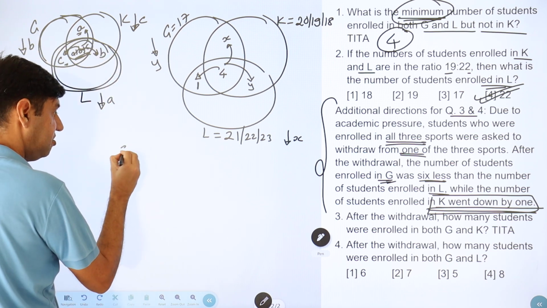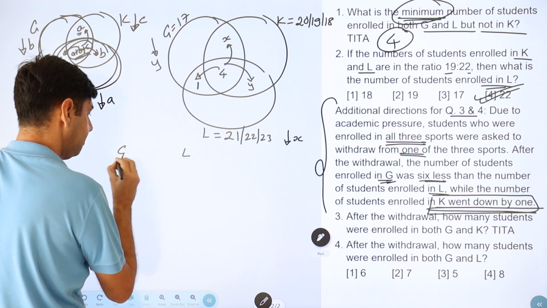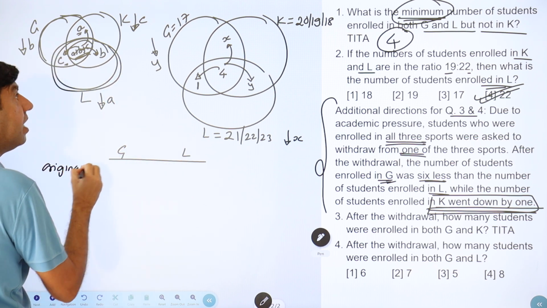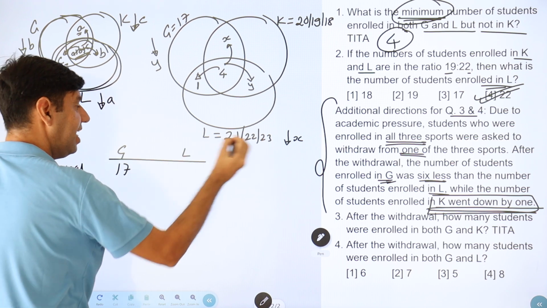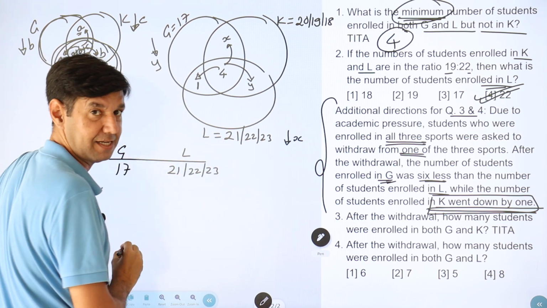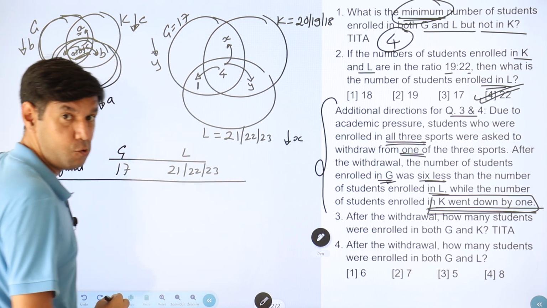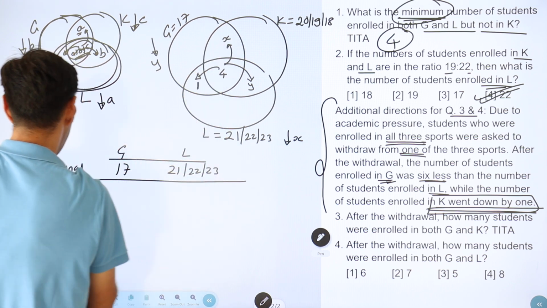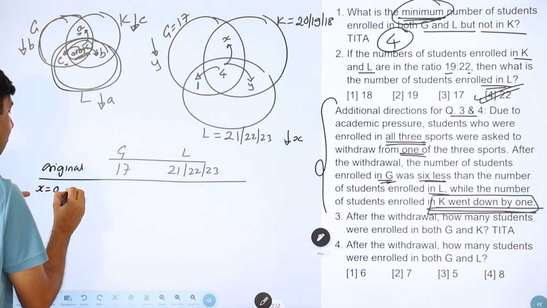So let's take G and let's take L, and the original values. G is 17, L is one of these 3, right? Now let's take X as 0, so Y will be 3.